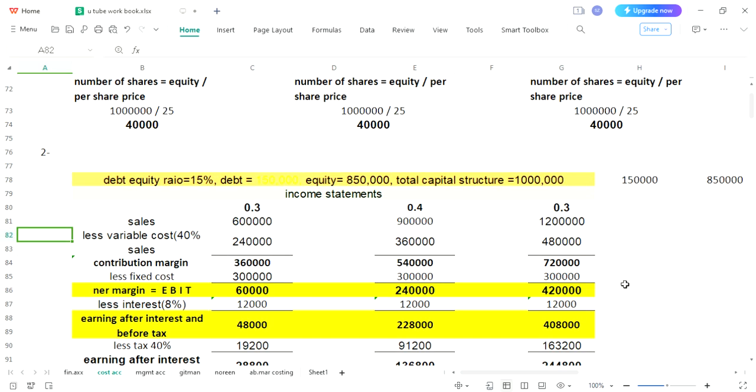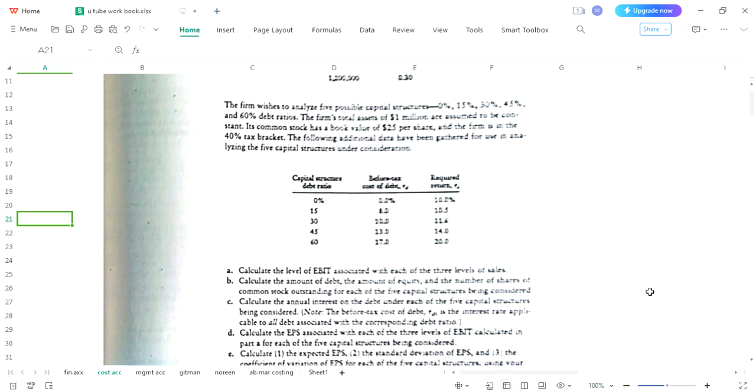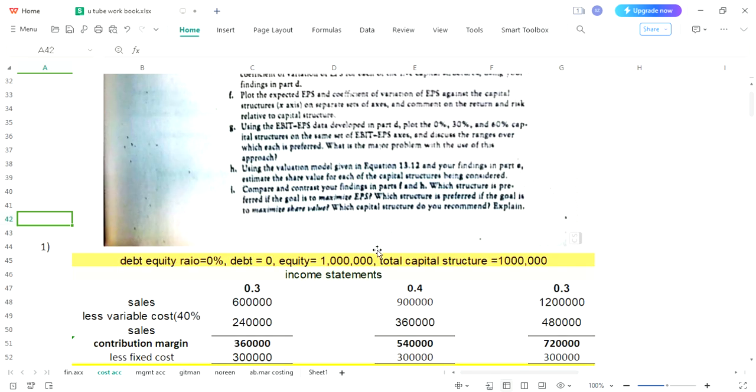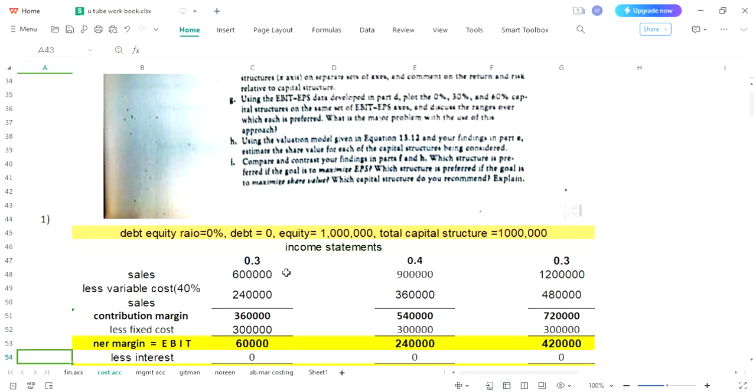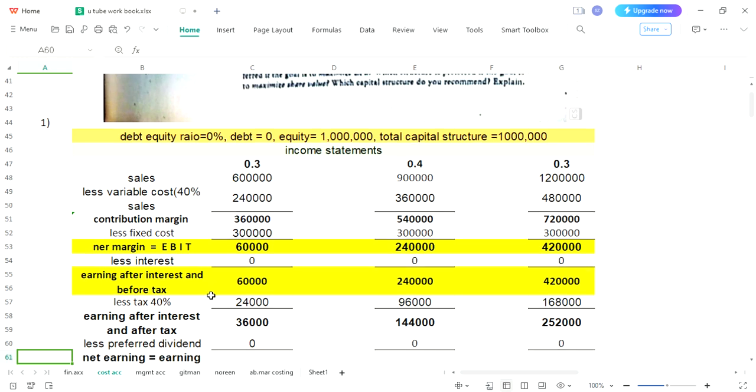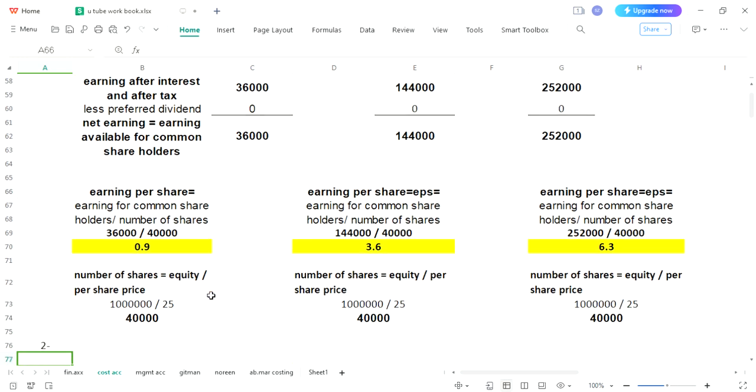Up till now what we have done, these were 4 options, and for each option we need to calculate EBIT, debt, interest, and EPS, and these two parts are completed, 0% and 15%. Here 0% debt, you have calculated your EBIT, interest, you have also calculated your EPS. Clear? Amount of debt was also calculated.